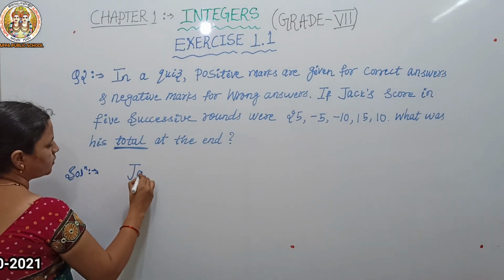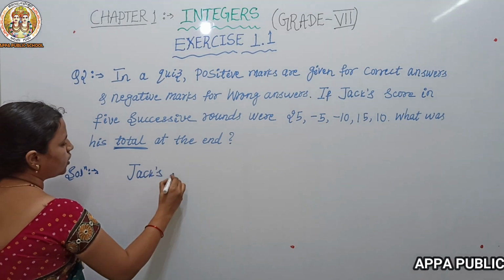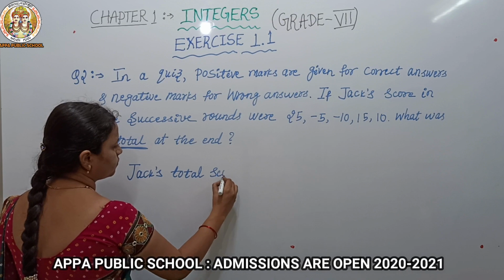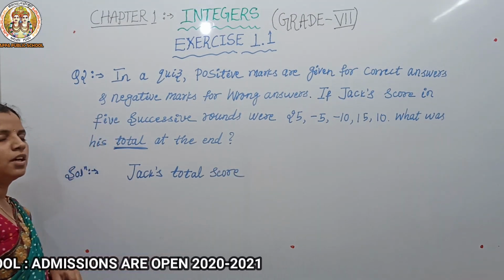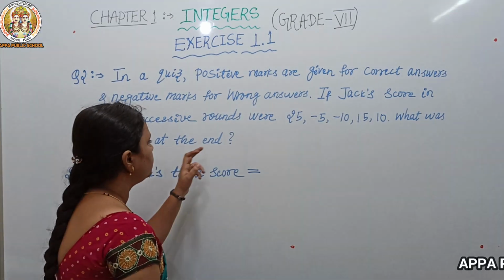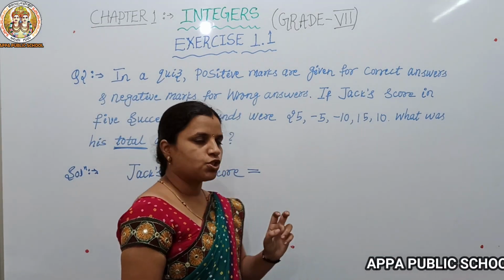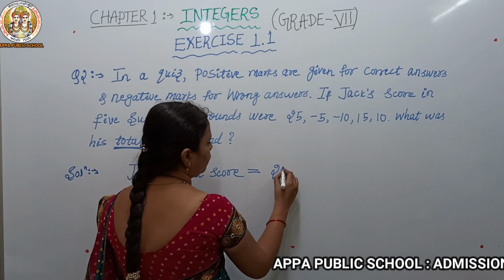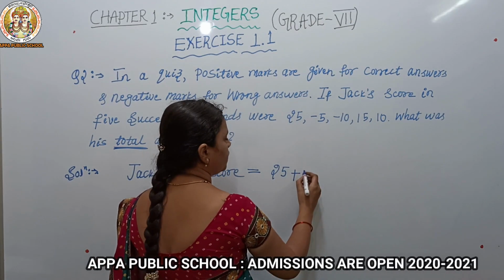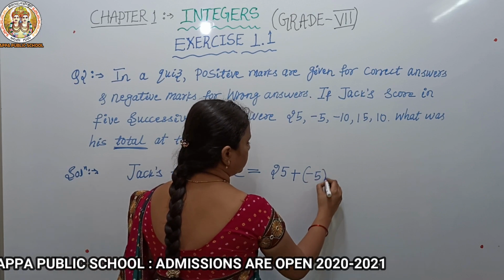Okay, so the solution is Jack's total score, which is equal to, as I said, you add all these scores. So it is 25. Add means plus, and here is a minus. Please use the bracket.